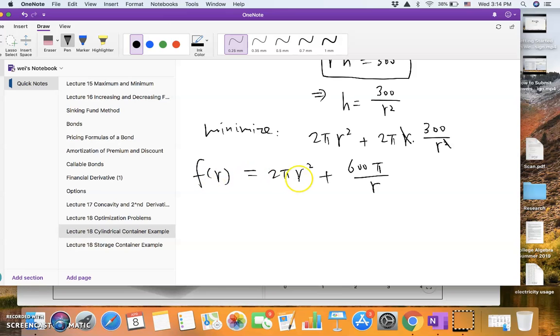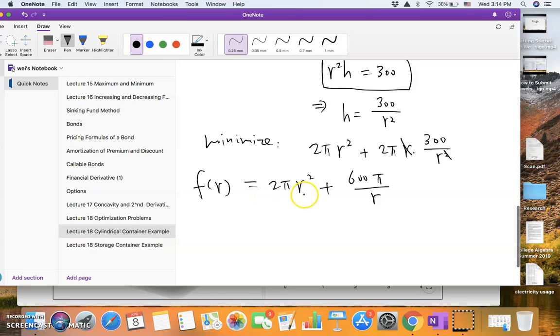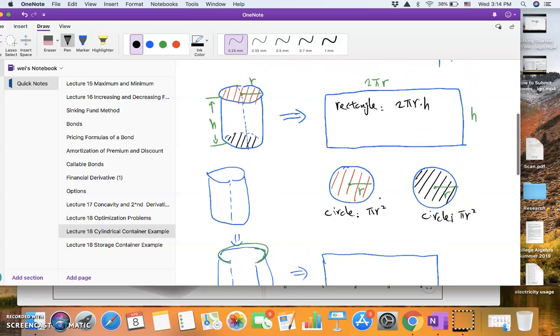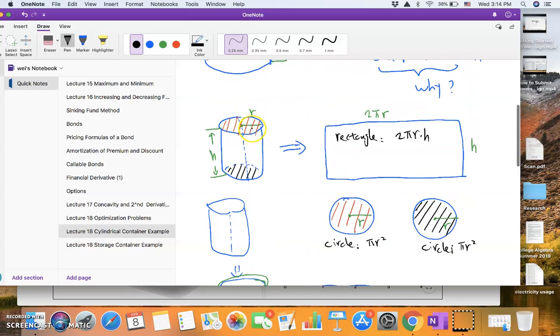Okay, so now we go back to calculus. This is like we have a function f of r, and we want to find the minimum value of this function. First, let's look at the domain of this function. r stands for the radius of the cylinder.